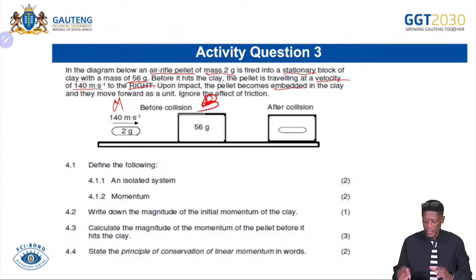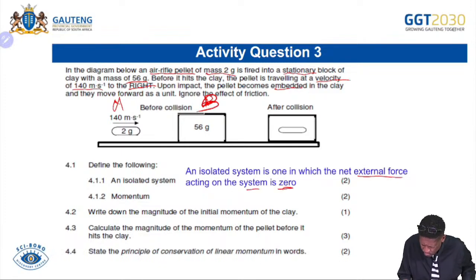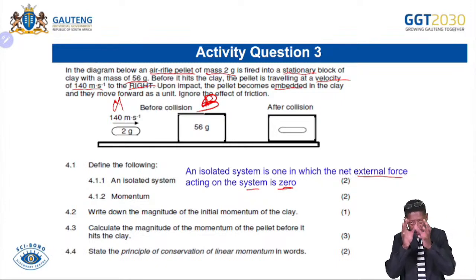Now, I want to move fast because of the time here. An isolated system is one in which the net external force acting on the system is zero. It's an external force that is acting on that system, and it equals zero.